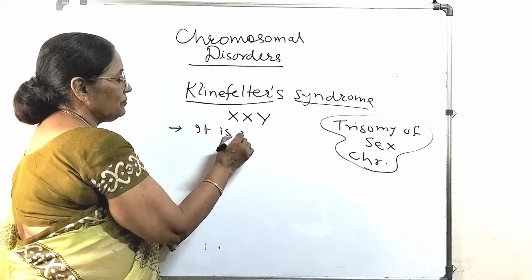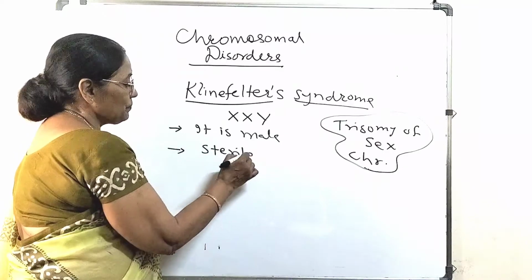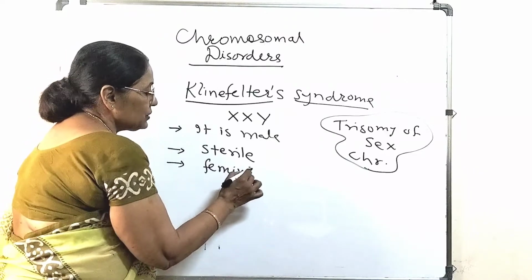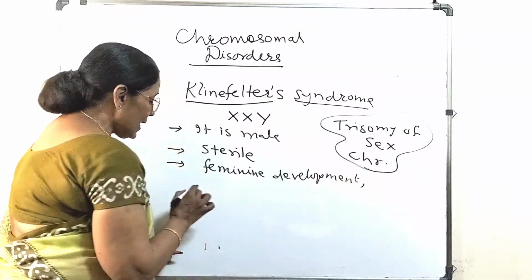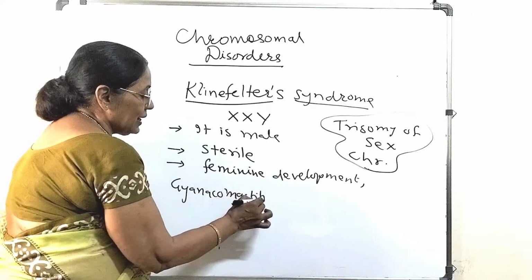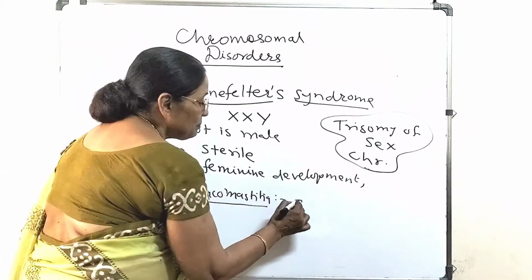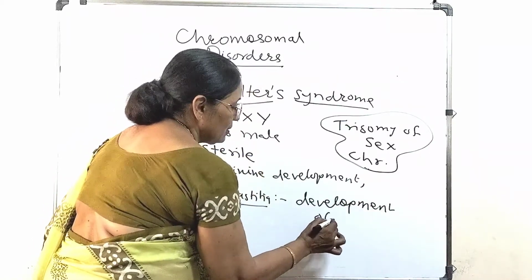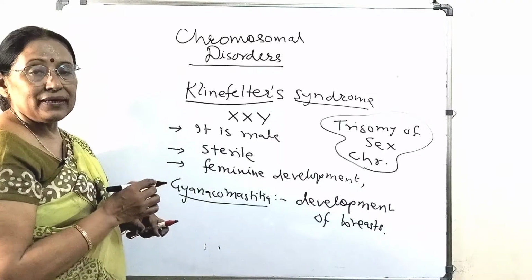But the male is sterile, and it also shows some feminine development called gynecomastia, in which there is development of breasts like the female. This is Klinefelter syndrome.